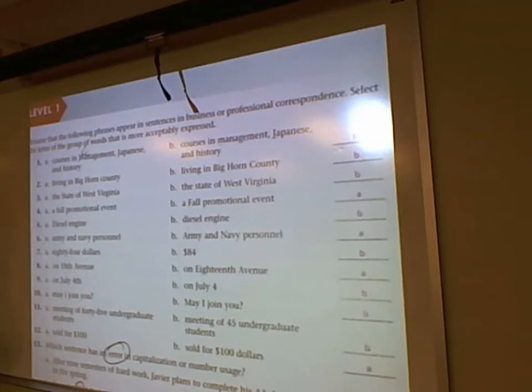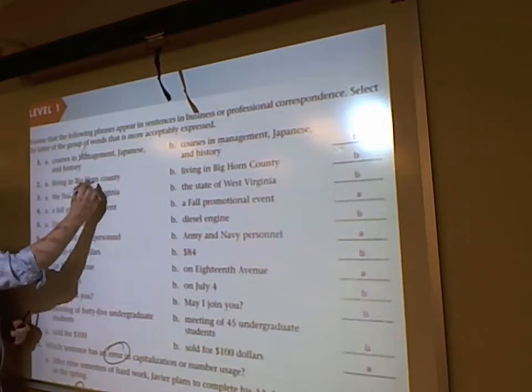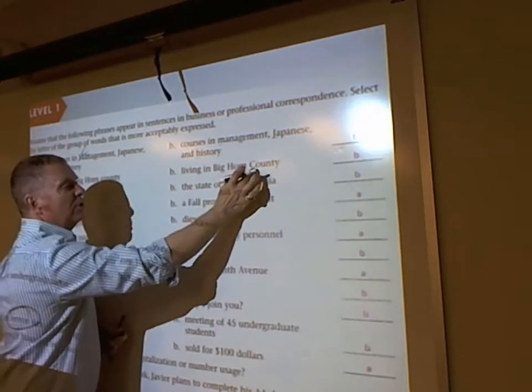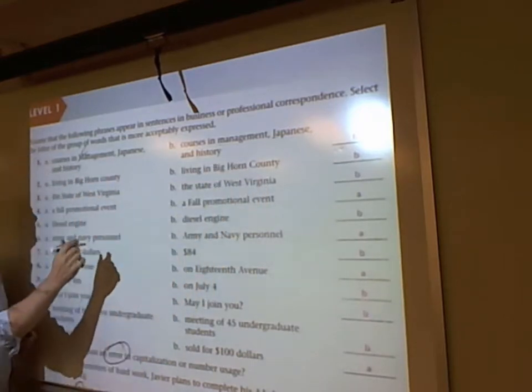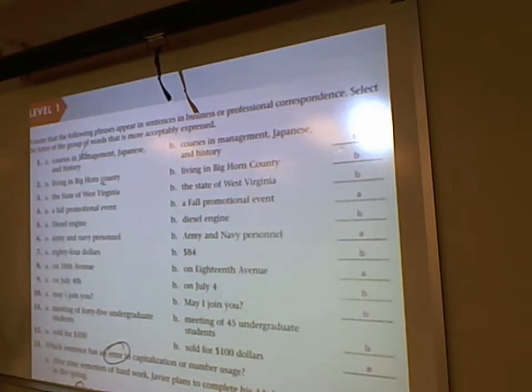And then number 2, living in Bighorn County. Since Bighorn is the name of the county and county is not coming before it, we want to capitalize county, which is letter B. So B is your correct answer. And then number 3, the state of West Virginia. This one's kind of a tough one because I don't know if that's a website, the name of the web address, or the administrative offices for the state of West Virginia.